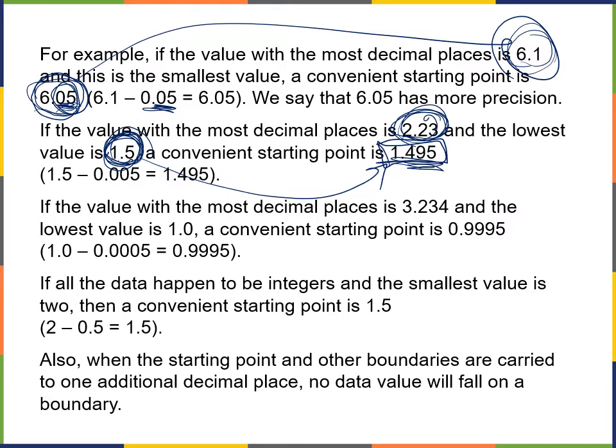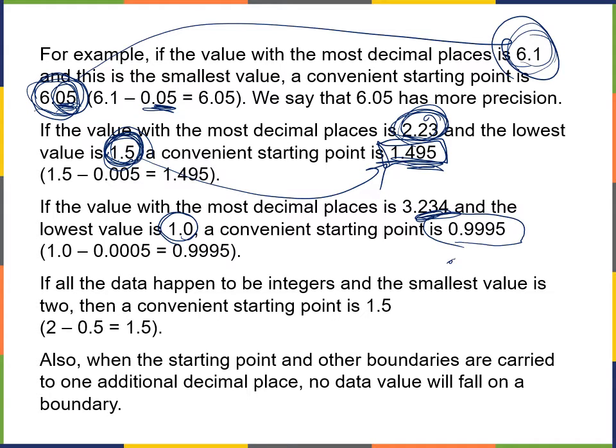And more examples, all the same. Let's say you have a 3 decimal place data value that has the most decimal places. So maybe you want 4 decimal places as your starting point. Your lowest data value happens to be 1, so we want to go just below that. So let's say maybe 0.9995. That would be a good place to start. You don't have to start there.